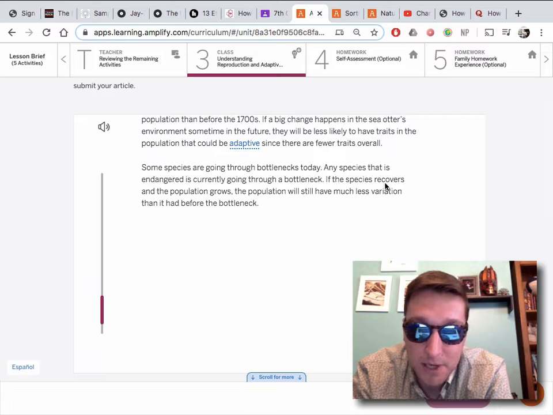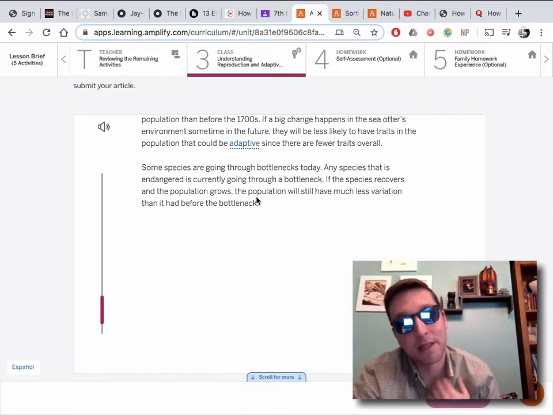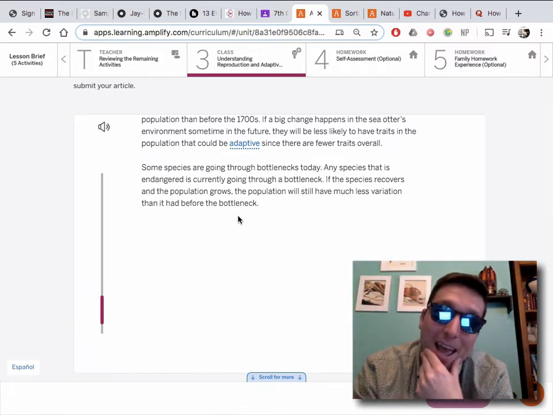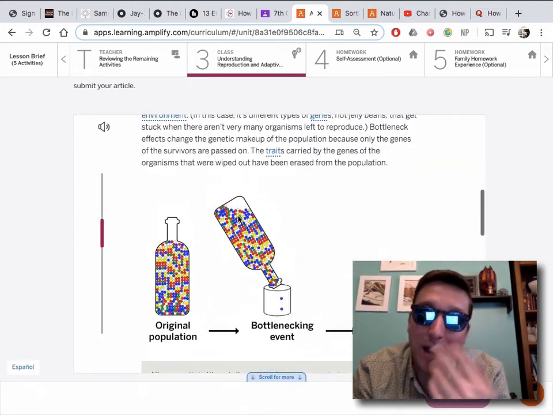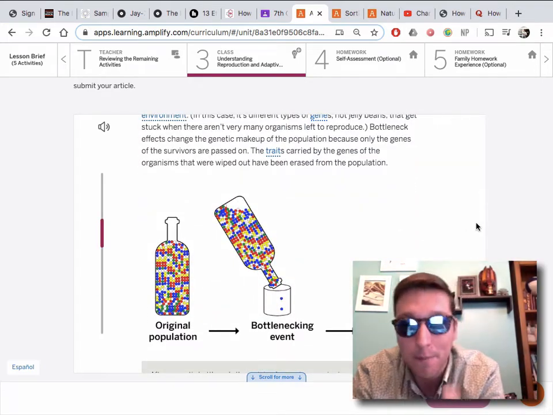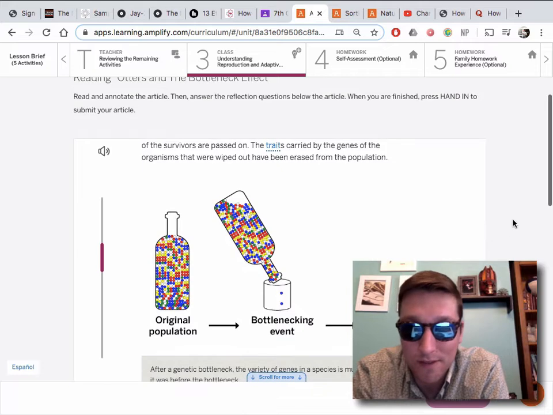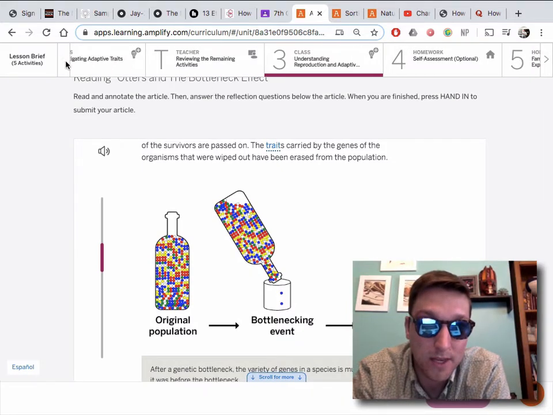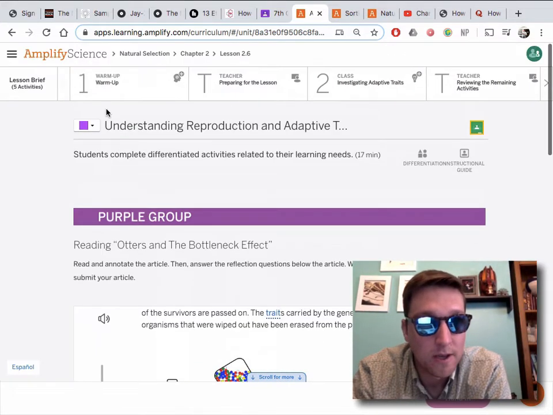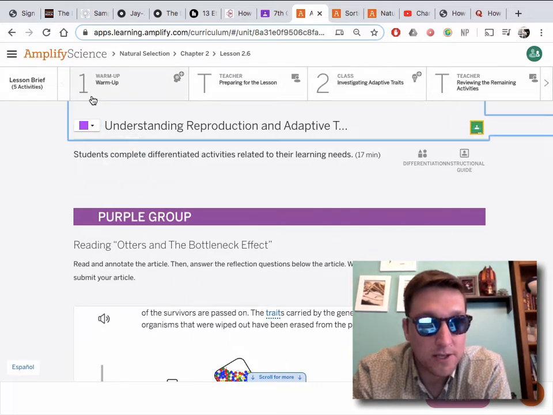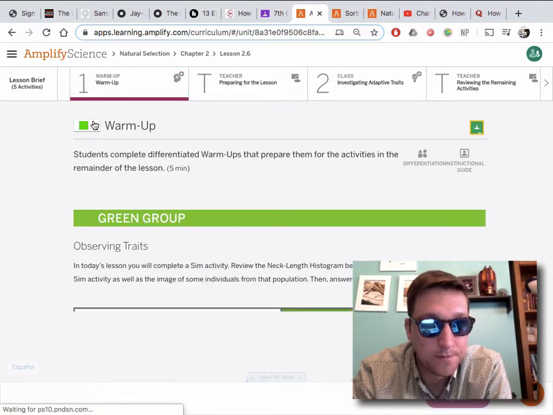Let's see the end here. If the species recovers and the population grows, the population will still have much less variation than it had before the bottleneck, because you got rid of that variation when you had that bottleneck, because of humans killing all the otters, basically.